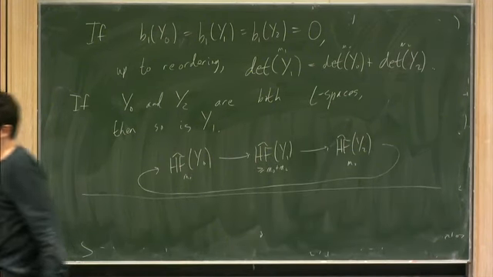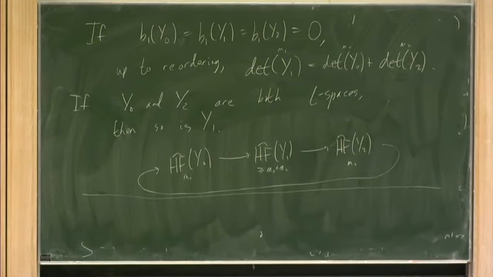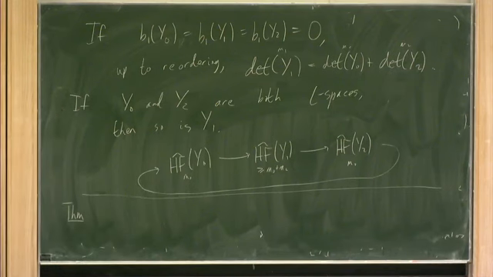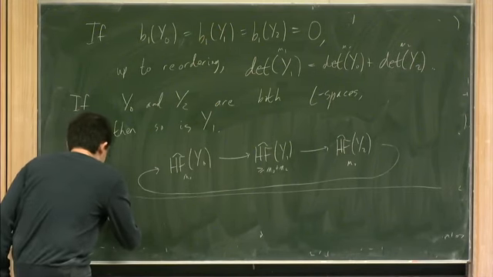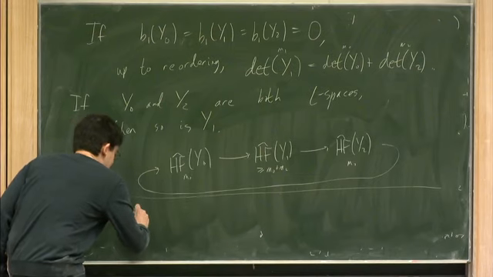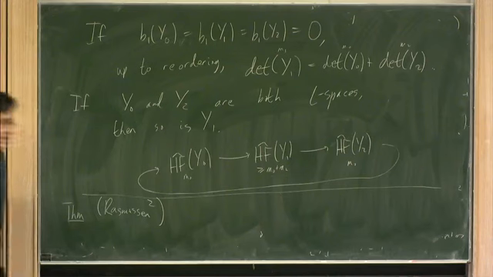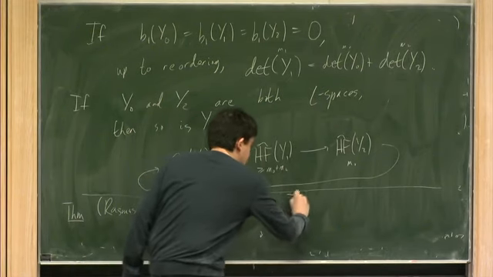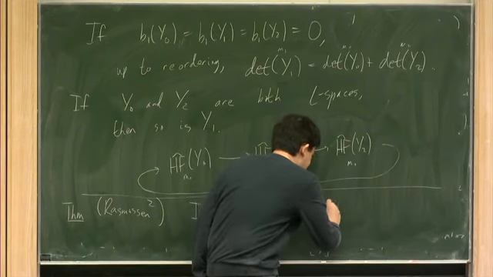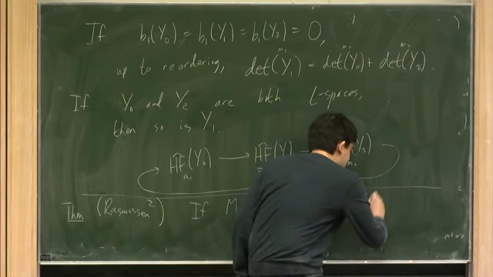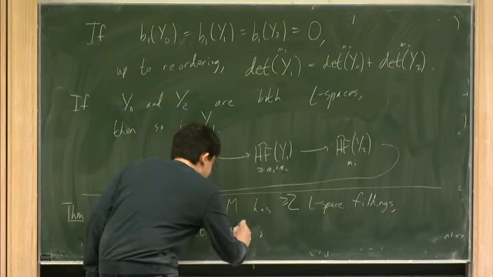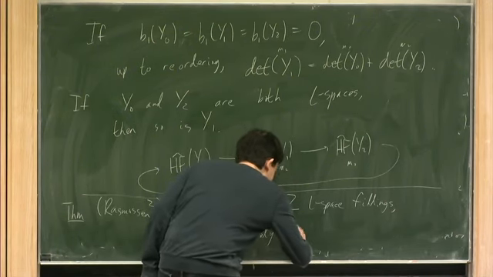So a corollary to this, which we can index more precisely, and this is really a theorem of Rasmussen and Rasmussen, is that if M has at least two L-space fillings, it has infinitely many.